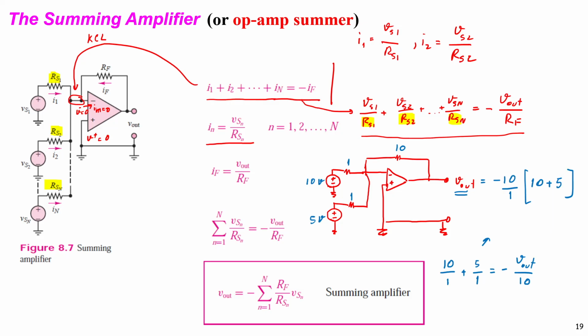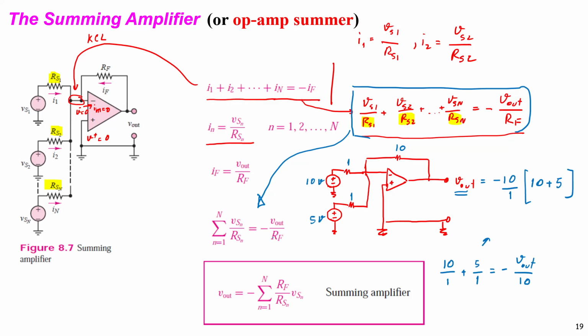With the proper selection of the resistance values, we can get the summation of the input voltages at the output with some increase of its magnitude. This is the summing amp. With this equation, we can write it in a shorter form.